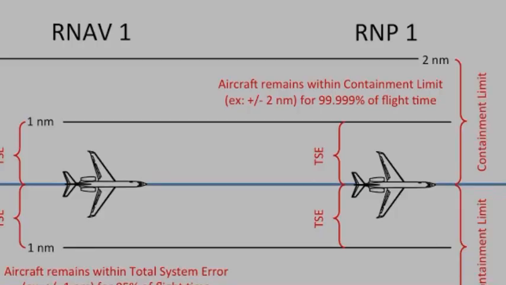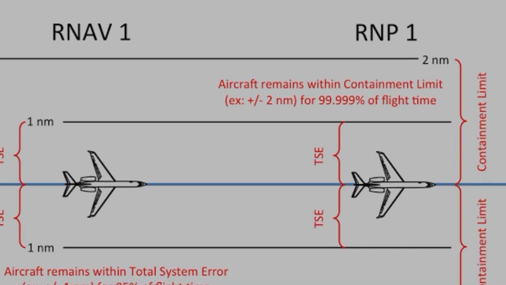So we have seen, for example, the title RNAV 1 GNSS or RNAV 1 GPS. What does the number 1 or 2 or 4 or 5 or 10 mean here? It means that in 95% of the flying time, the lateral flying deviation should not exceed 1 nautical mile.